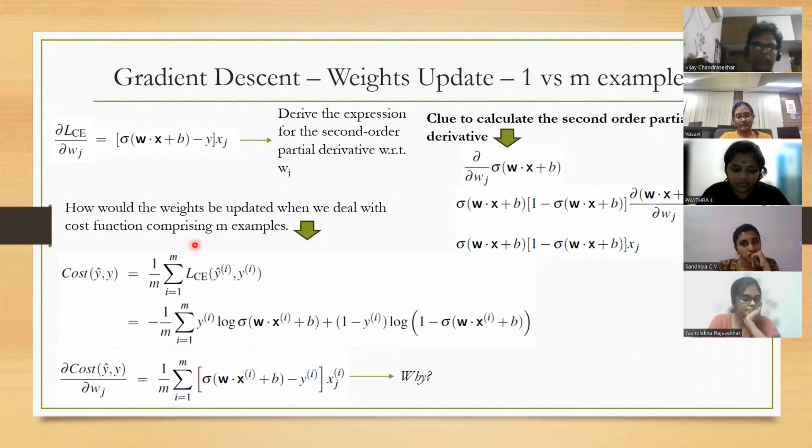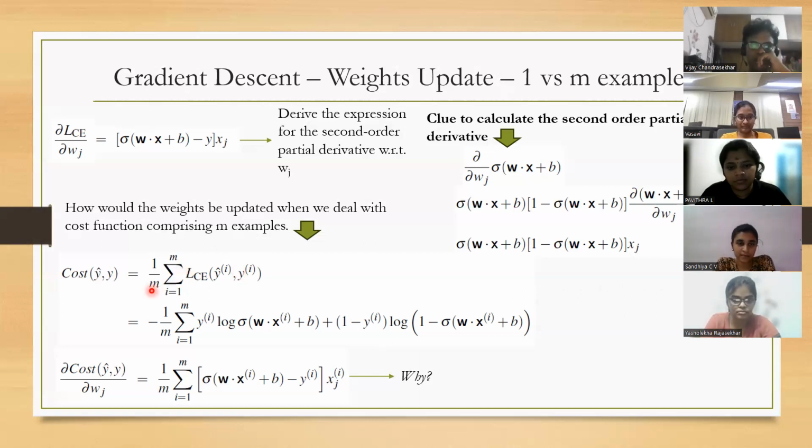You take each example or each row, you calculate the cost function, which is LCE. Then you sum up the cost functions of all the examples and take an average. So you're summing up the cost, and then dividing it by the number of examples, which is m.